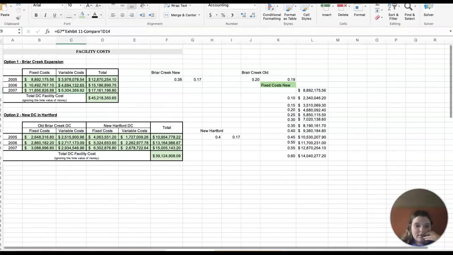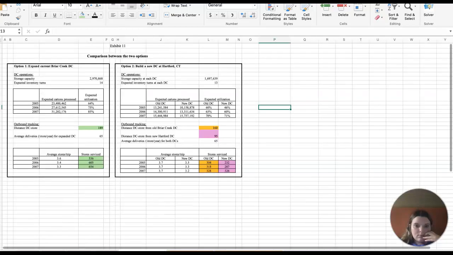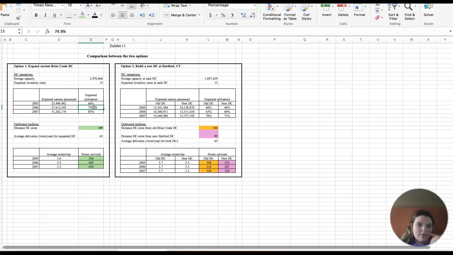But another thing I found, if you could see this, for the utilization, this is almost nowhere near close to what they want until it gets to a few years down the line. And then this is going to be surpassing what they want. And so I would maybe look into expanding the company as a whole right there.